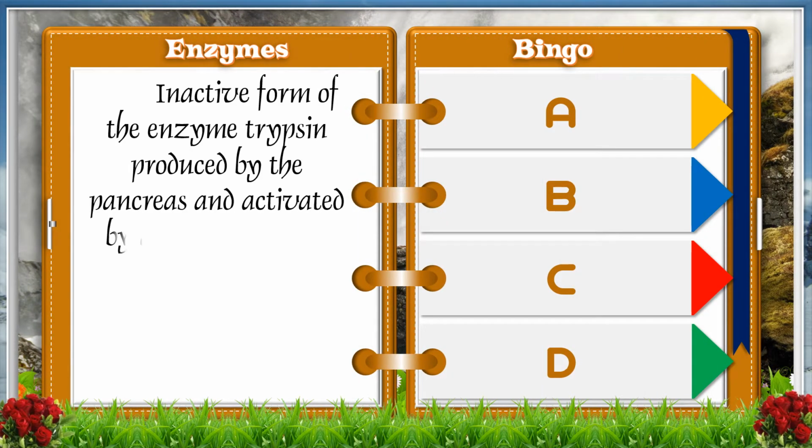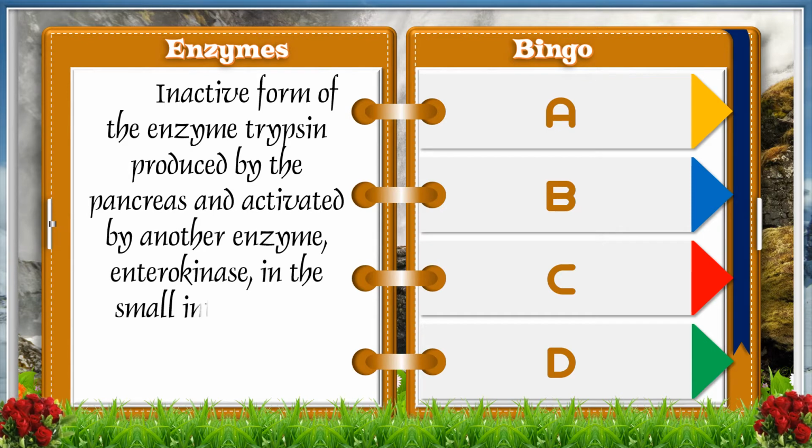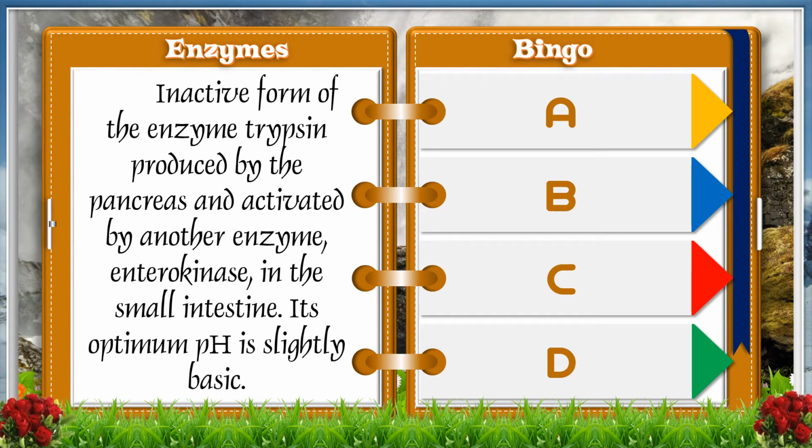Inactive form of the enzyme trypsin, produced by the pancreas and activated by another enzyme, enterokinase, in the small intestine. Its optimum pH is slightly basic.